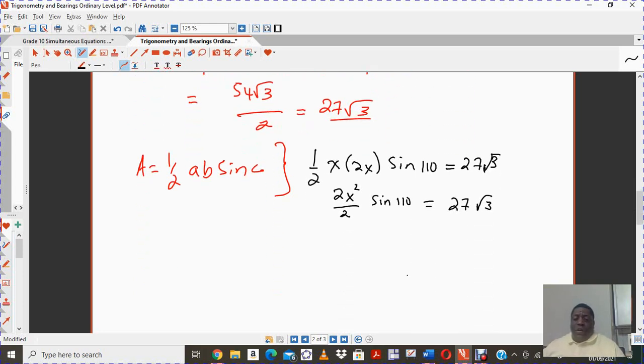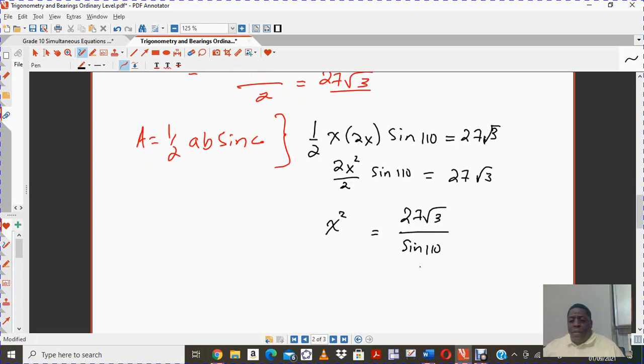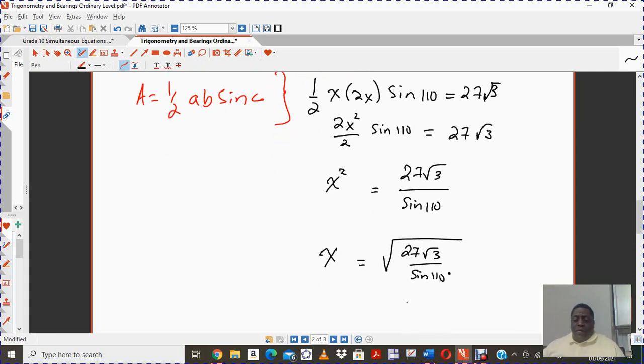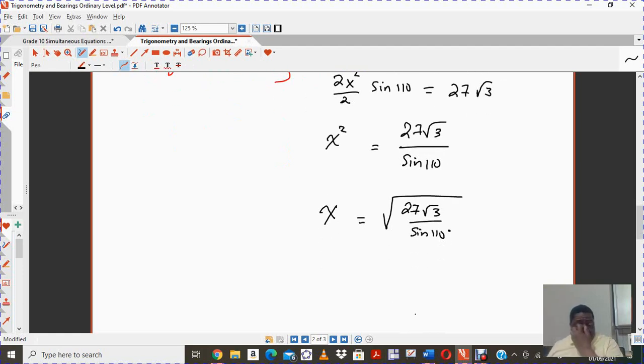So eventually, if you clean this up, it's going to give you x squared equals 27√3 upon sine of 110. So our x value will be the square root of whatever this answer is, 27√3 upon the sine of 110 degrees. Right, you can go ahead and punch that onto your calculator.